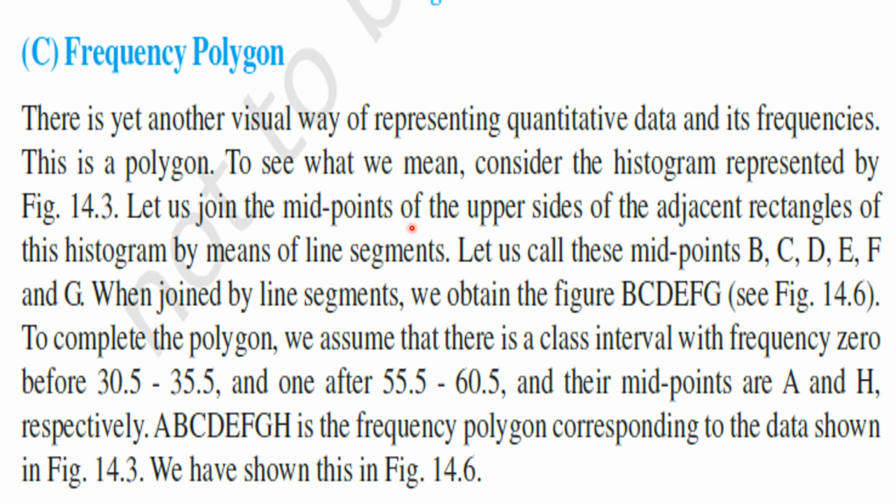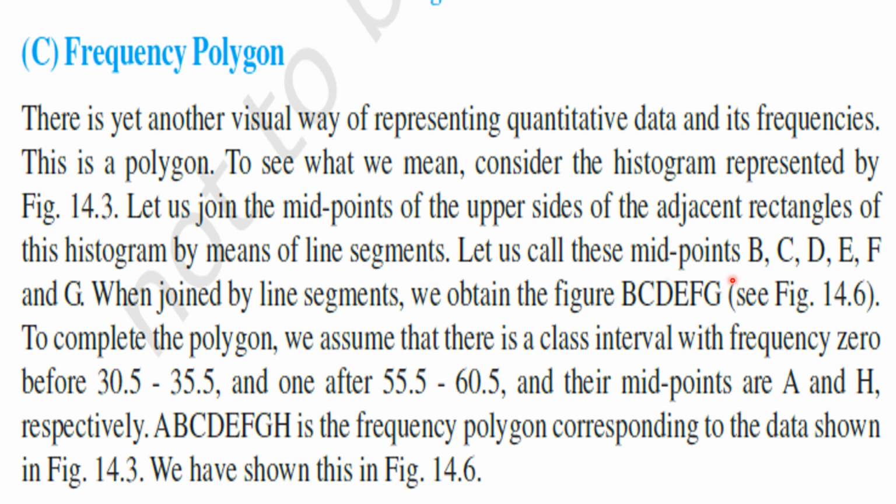Let us join the midpoints of the upper sides of the adjacent rectangles of this histogram by means of line segments. First, we have to find the midpoints of the upper sides of the adjacent rectangles of that histogram. We have to join them by line segments.